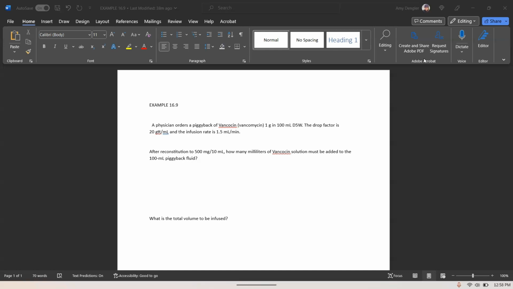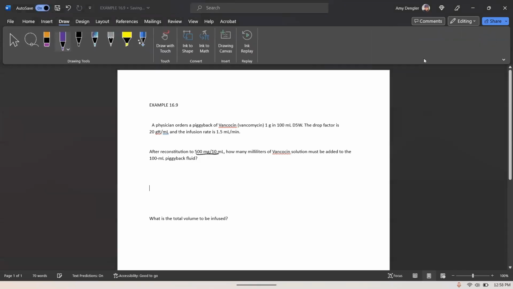So we're going to use the strength, the 500 milligrams. And then on this side, I'm looking for how many milliliters. So that's going to be my X. And then I need milligrams up top.